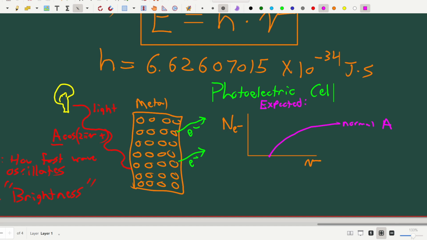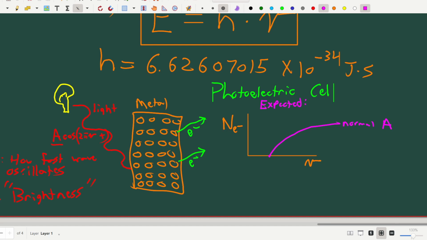Okay. And so now we're going to turn the brightness up. Now you have more energy per unit light because your brightness is larger. You should think of brightness as having more light. The amplitude of the light field is stronger, larger with a brighter light source. So you have more energy being imparted onto the metal per unit time.